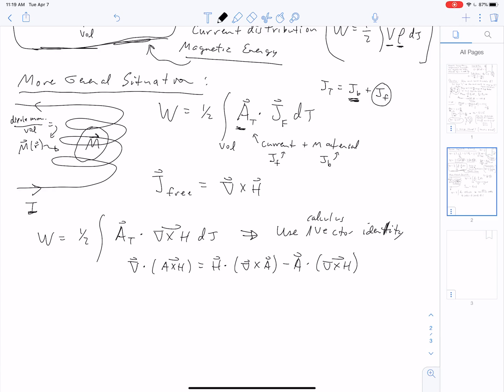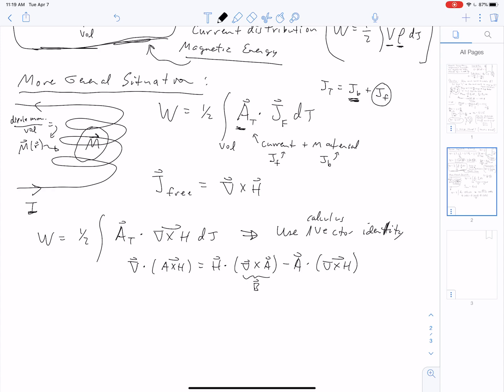All right, so that's just a calculus vector identity, but then we can notice some things. For example, we notice that here we have del cross A, and that's B. That's the B field.